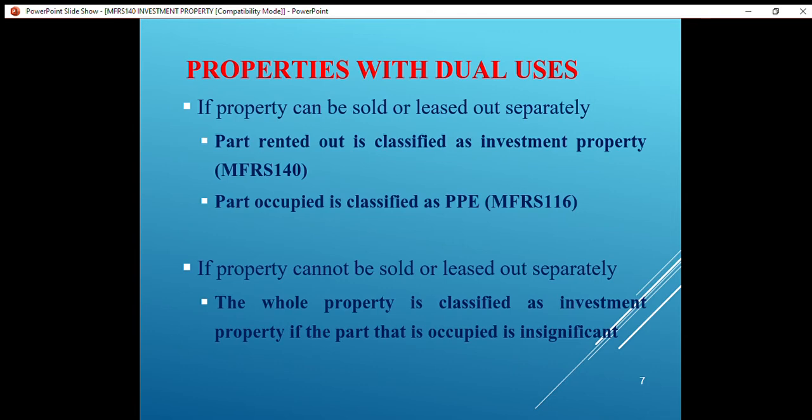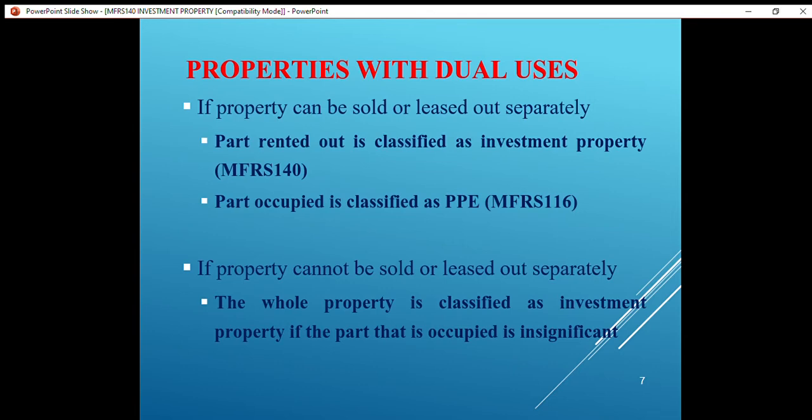So if the property cannot be sold or leased out separately, we have to look into whether the portion that is occupied by the owner is significant or not. If it is not significant, say for example below 30% of the total arrangement of the building, the whole building can be classified as NIP.